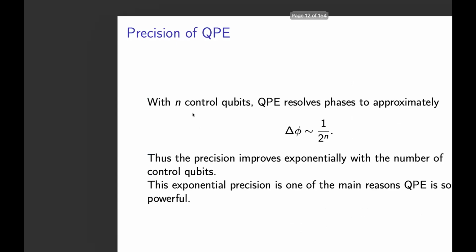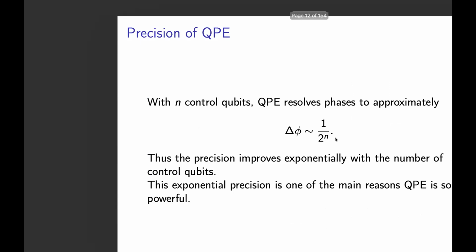When you have n control qubits, QPE resolves phases to an approximated value. The standard deviation goes like 1 over 2 to the power of n. So clearly, the more qubits you have, the better the precision. As we discussed last time, if you have 1 qubit, you can represent the values 0 and 0.5.